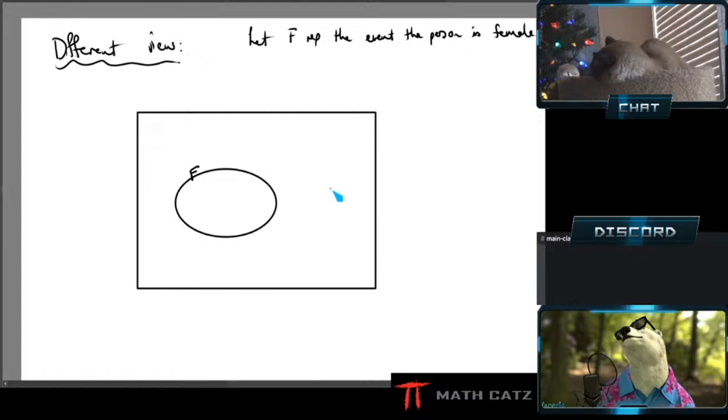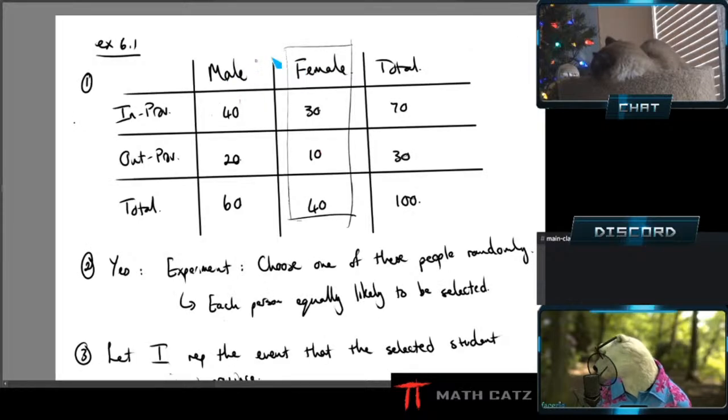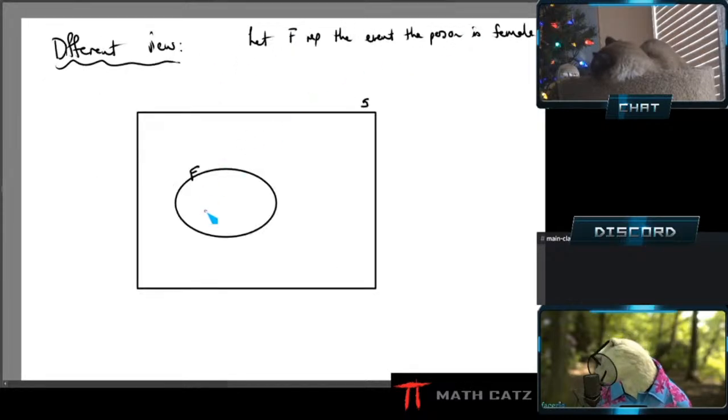I don't need a circle for male as well, right? Because I guess this is the sample space. The outside will then be the other option based on this question, male. So by having one circle for female, all the females are inside and all the males are outside.